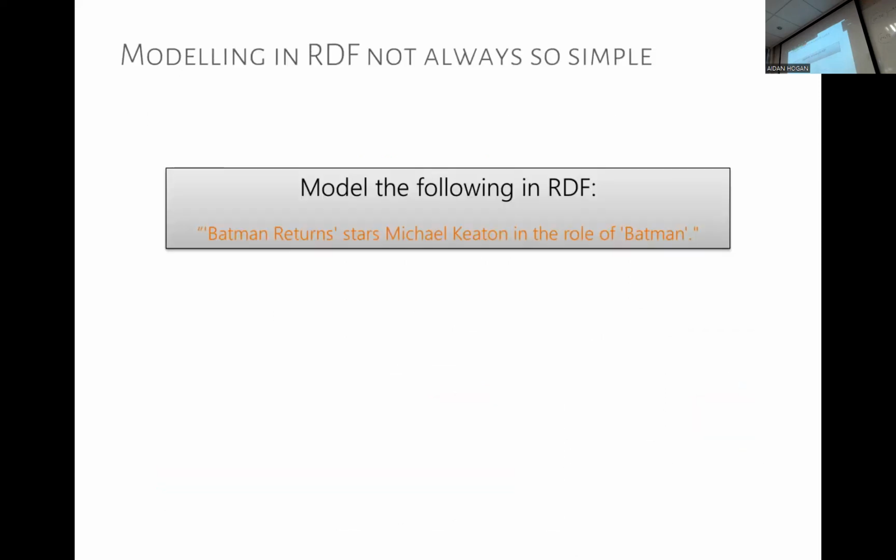Yeah, so we have another example here, which looks pretty straightforward. It states model the following in RDF. Batman Returns stars Michael Keaton in the role of Batman. So that seems pretty straightforward in the sense that we've already done something very similar here, no? Rather than Sharknado, we'll have Batman Returns, and then rather than Tara Reid, we'll have Michael Keaton.